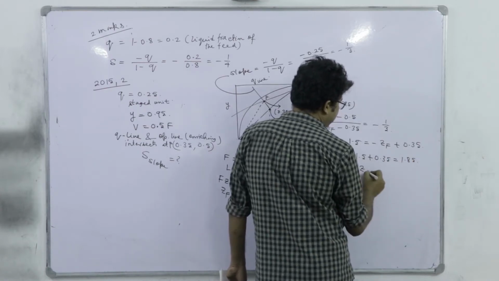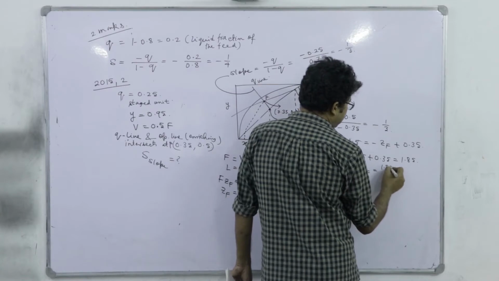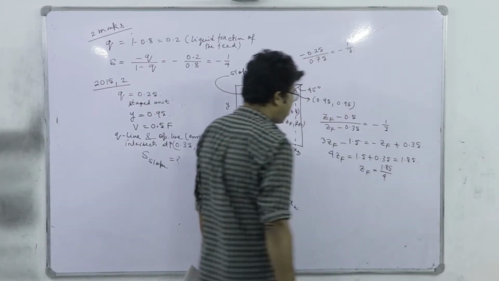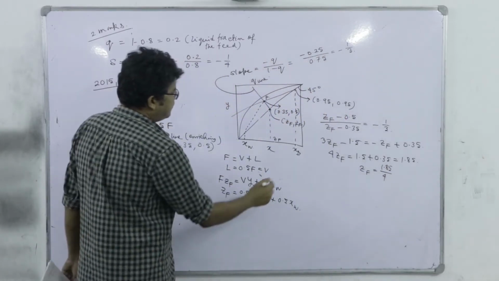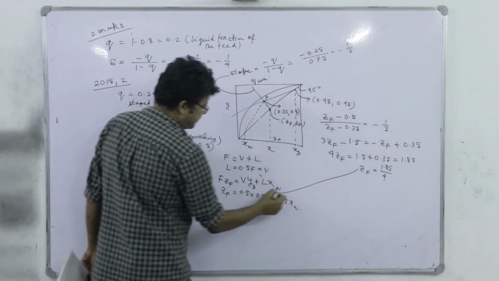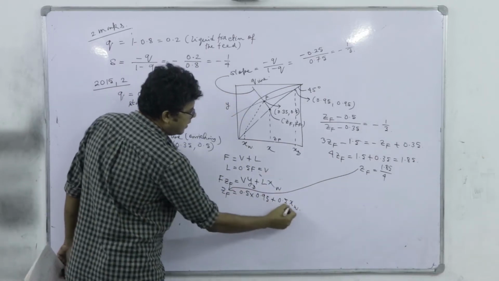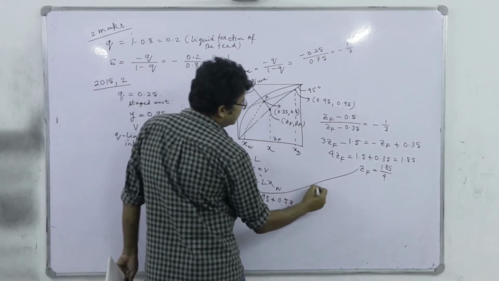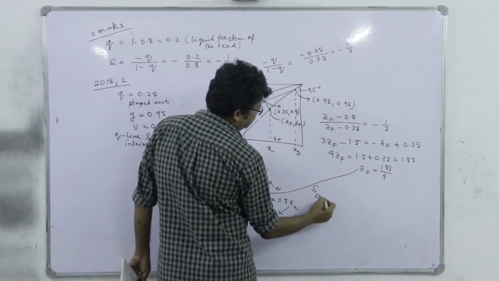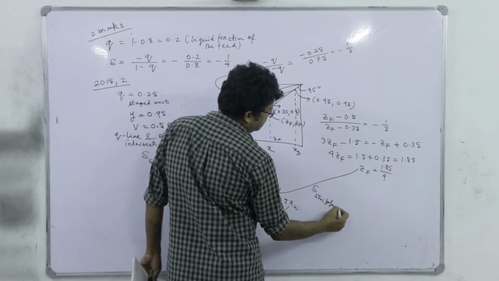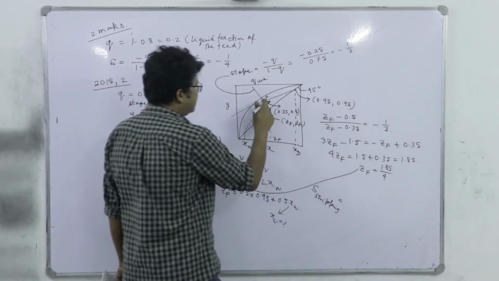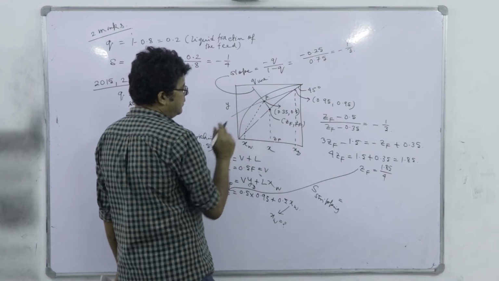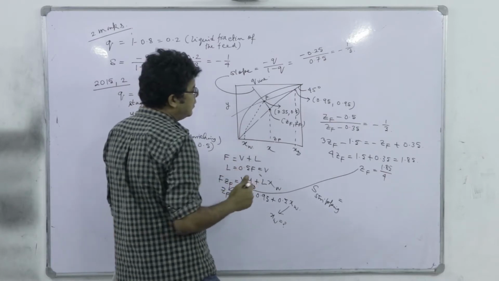So ZF can be solved as 1.85 by 4. So ZF, if I substitute here, I will know XW, and the slope of the stripping section operating line, this point we have got, that is XW.